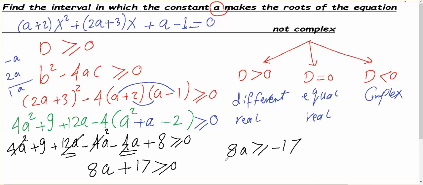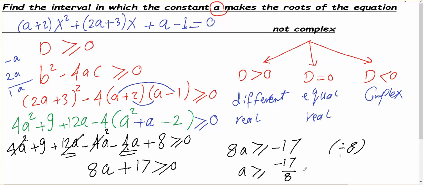We divide by 8. a is greater than or equal negative 17 over 8.